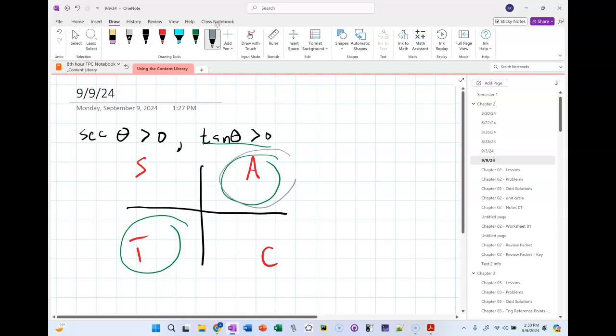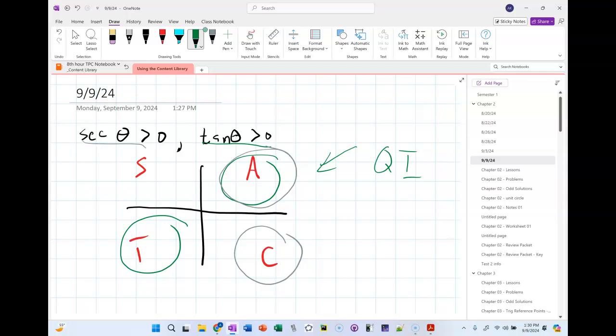Cosine is positive in A and C. So the common denominator is that we're in quadrant 1, because secant's positive in 1 and 4, the same as cosine because they're reciprocals. A number and its reciprocal are positive in the same place, right? If a number is positive, its reciprocal is positive because it's just 1 over it. You know what I mean? Yep. So that's it. No big deal, right?